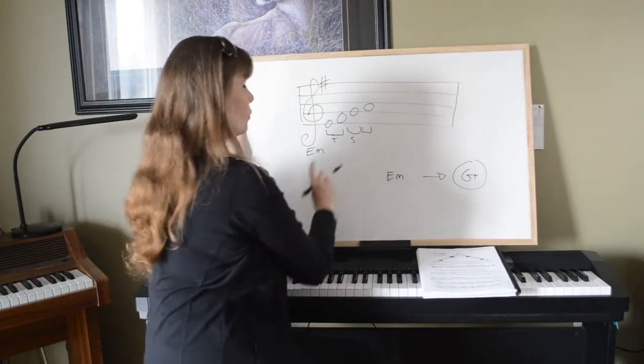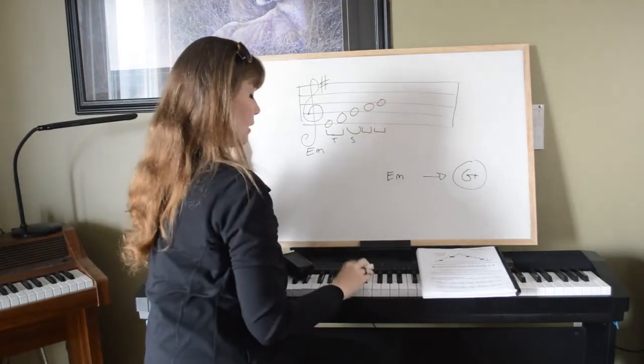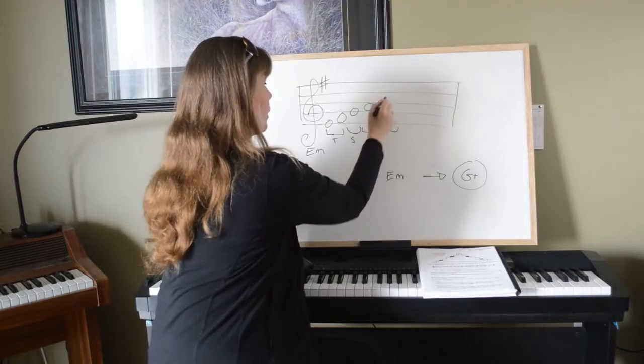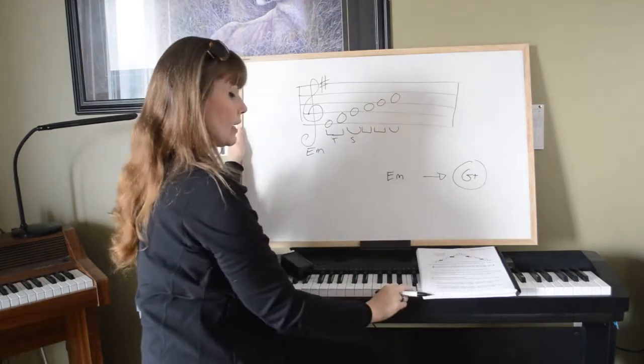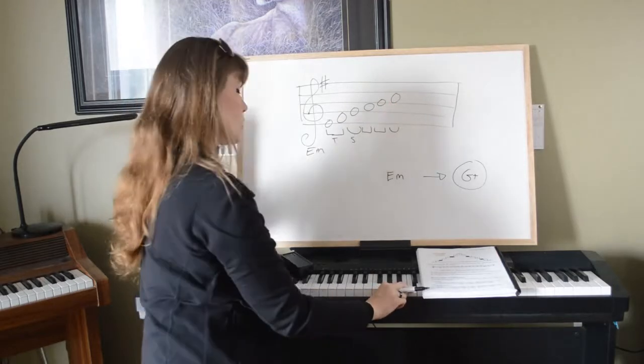We need a tone from G to A, another tone from A to B, but now we have a semitone we're looking for. B to C is a semitone. We don't need to do anything to the C because it is a semitone.